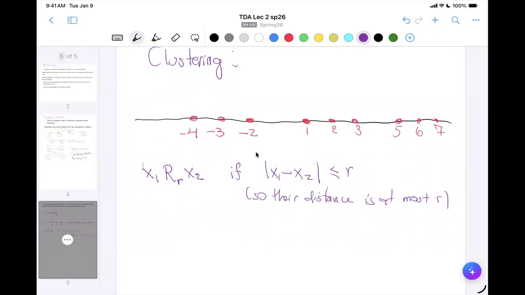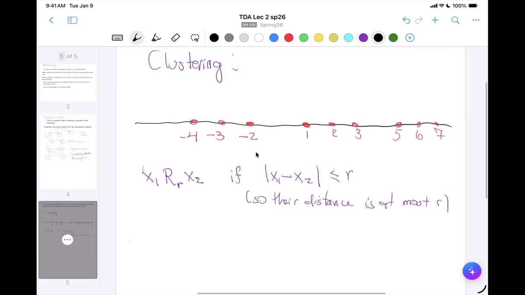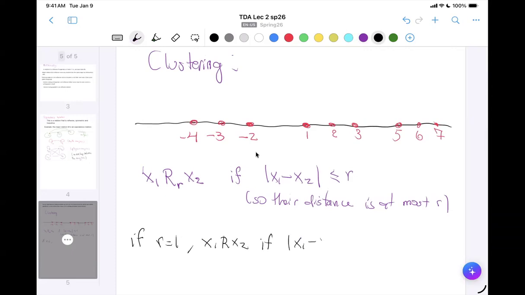So for example, if R had been 1, my relation is that 2 points are related if they are at most 1 away from one another. So if R equals 1, then x1 is related to x2 if the absolute value of x1 minus x2 is less or equal to 1.